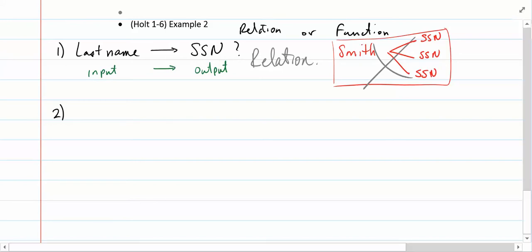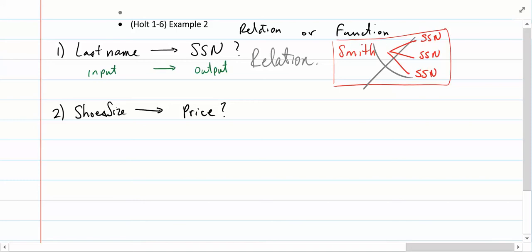Let's say you go to Foot Locker and you try to buy a pair of shoes. Let's ask this question. Does shoe size create a function with price, or is that a relation? Is shoe size related to price, or is it a function?